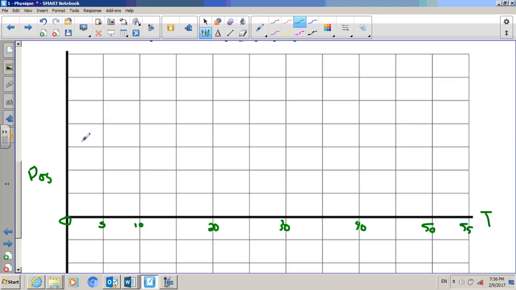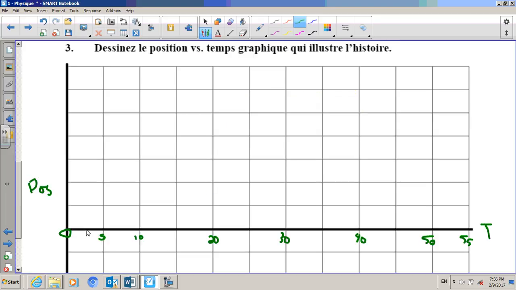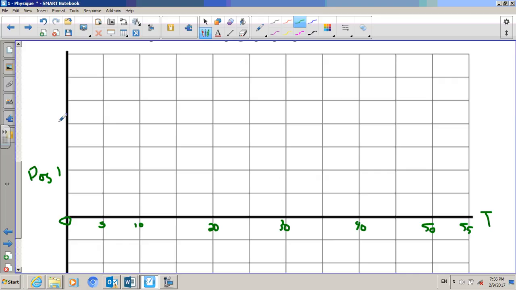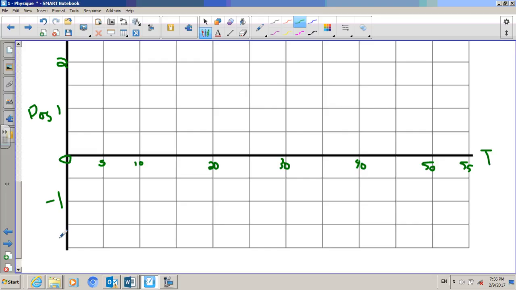Position, j'ai 1, 2, 3, 4, 5, 6, 7 vers le positif et 3 vers le négatif. Alors, je vais monter par 1,5 chaque fois. Donc, 1, 2 serait ici, 3 serait ici. Négative 1 serait ici et négative 2 en bas.